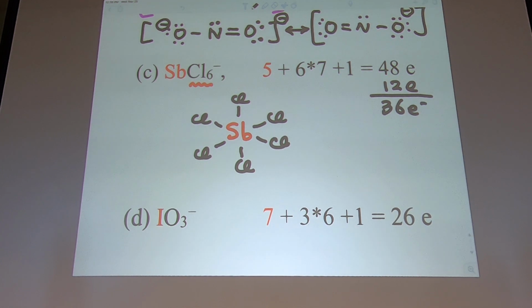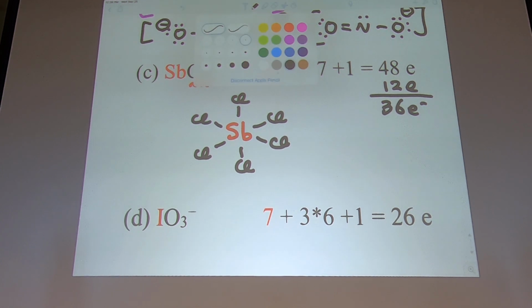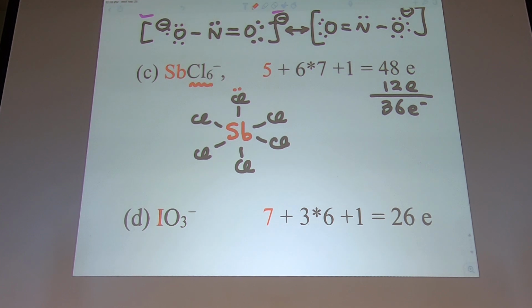36 electrons left, and then you need to continue to do 1, 2, 3, 4, 5, 6 to satisfy the octet rule, right? A halogen is a pretty easy atom to deal with because they have 7.